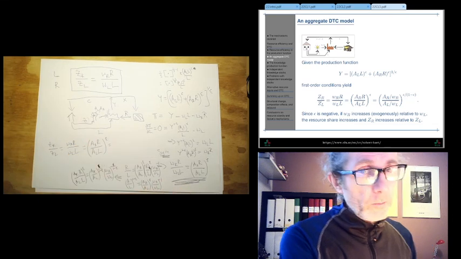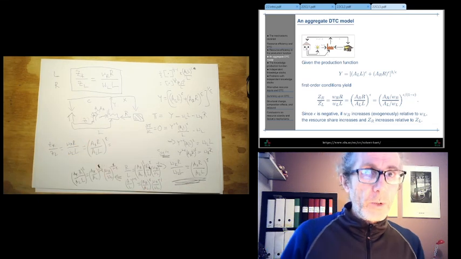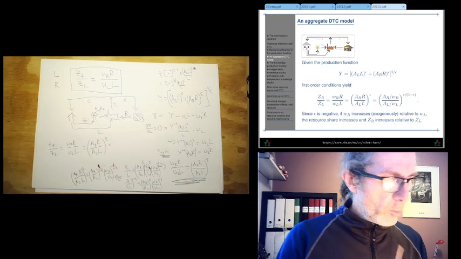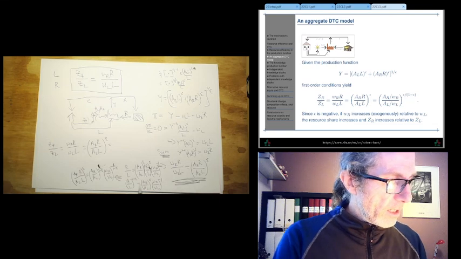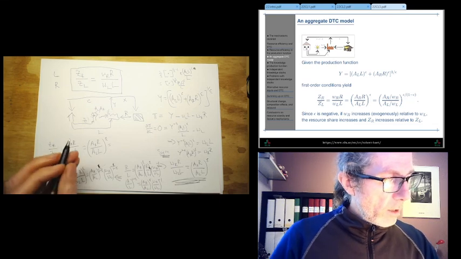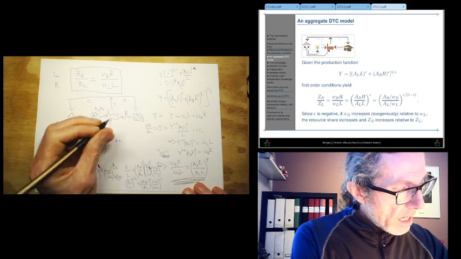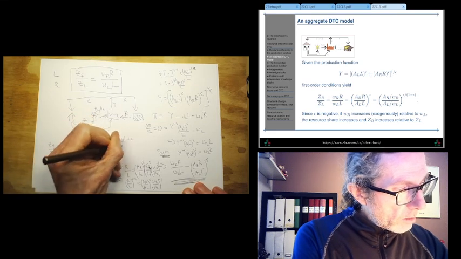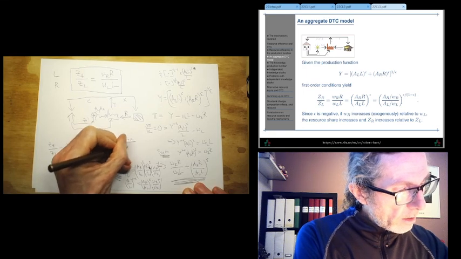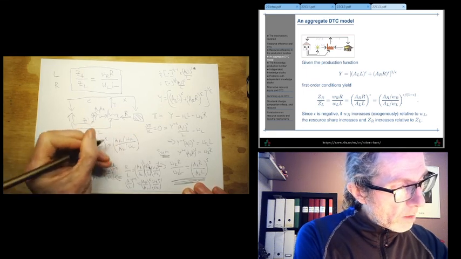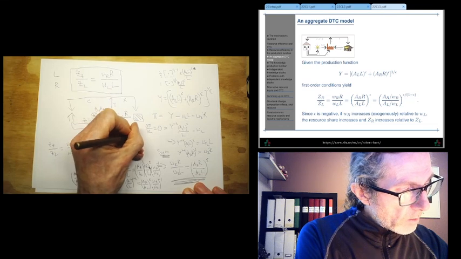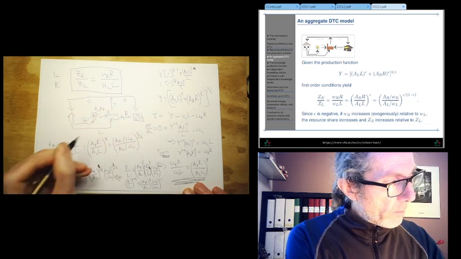I'm sure we could have done this an easier way. It's basically the same principle, but I think I've made it unnecessarily complicated here. But we end up with AR over WR divided by AL over WL, all to the epsilon over 1 minus epsilon.